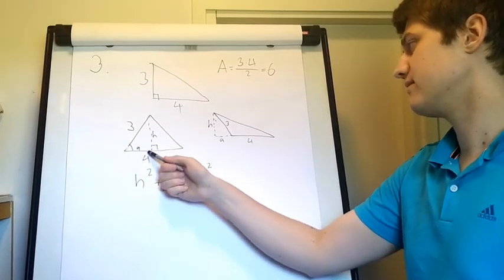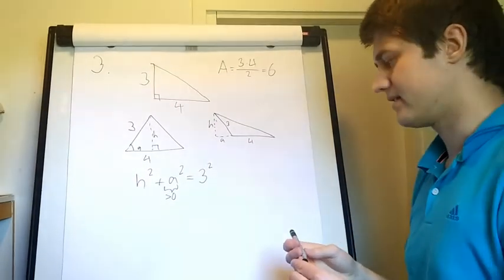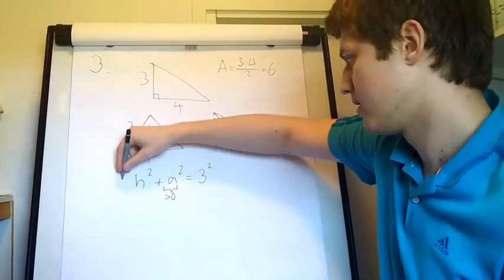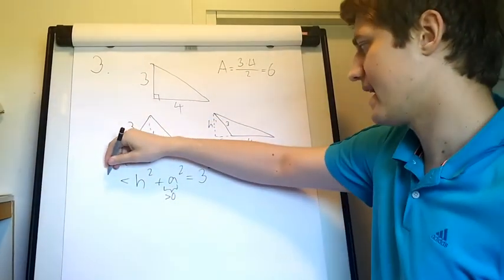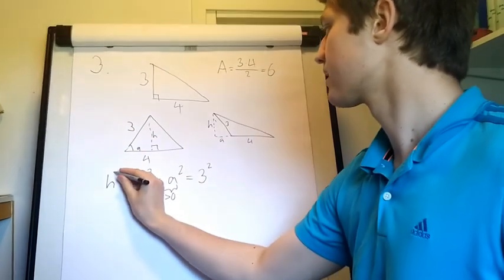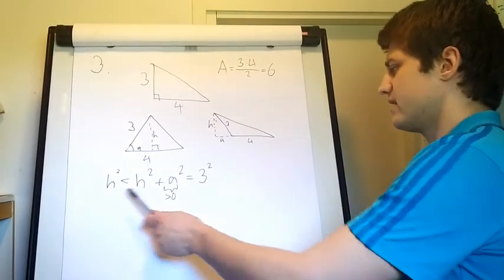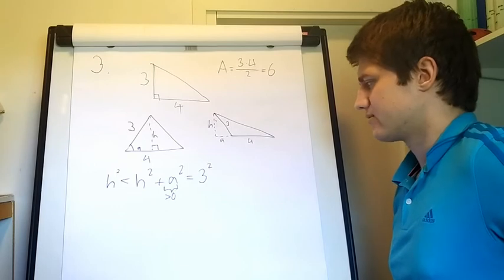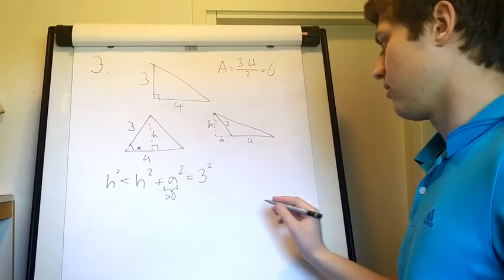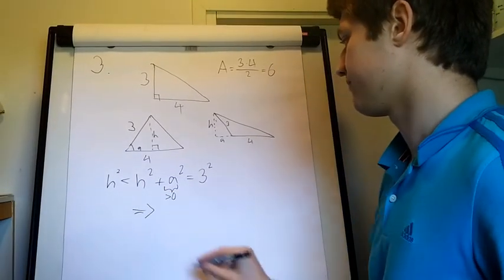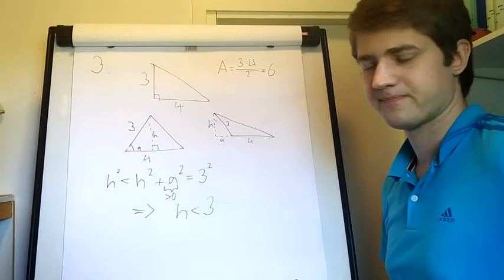a is strictly positive, it can't be 0, so a squared is always greater than 0. Since that is greater than 0, we can underestimate this expression to be greater than h squared. And since h squared is now less than 3 squared, and h and 3 are both positive numbers, we can write that h is also less than 3.